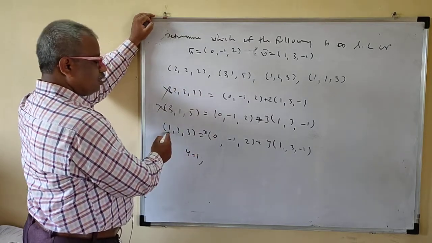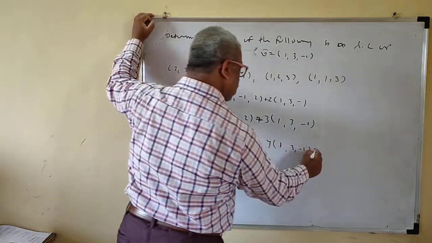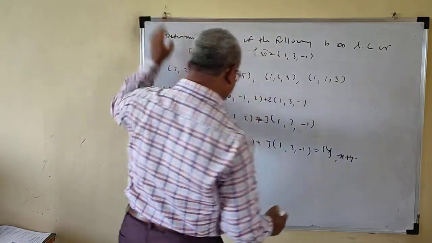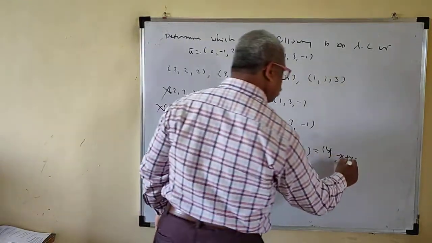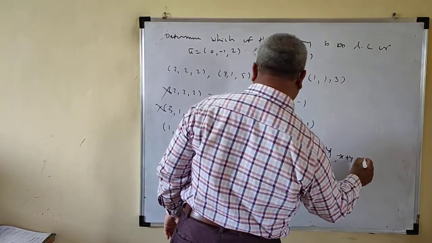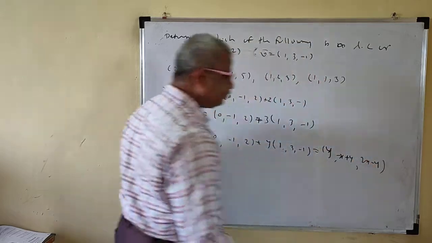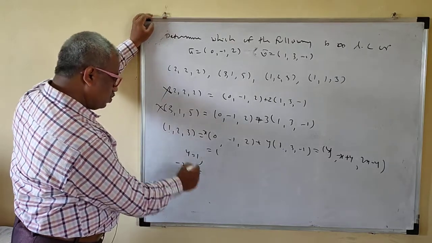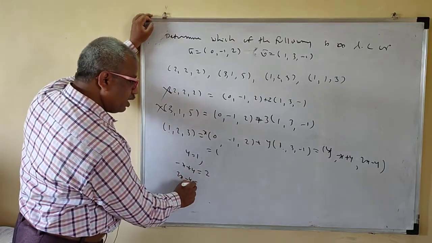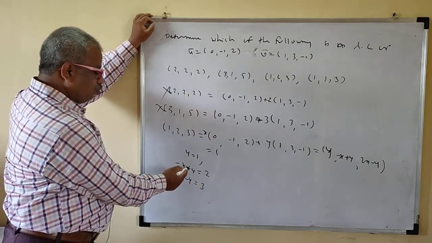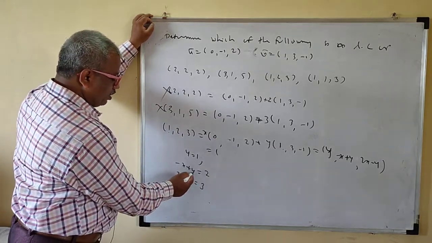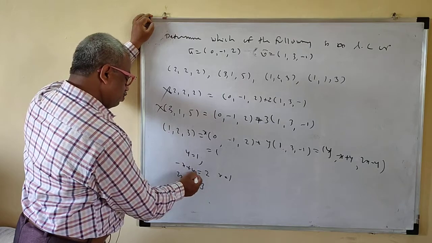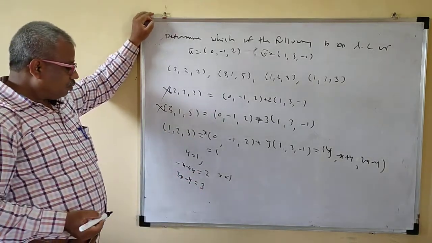Then minus x plus y is equal to 2. Then twice x minus y is equal to 3. Y is equal to 1 means, if you put y equal to 1, then x is equal to minus 1. Y is equal to 1, x is minus 1.